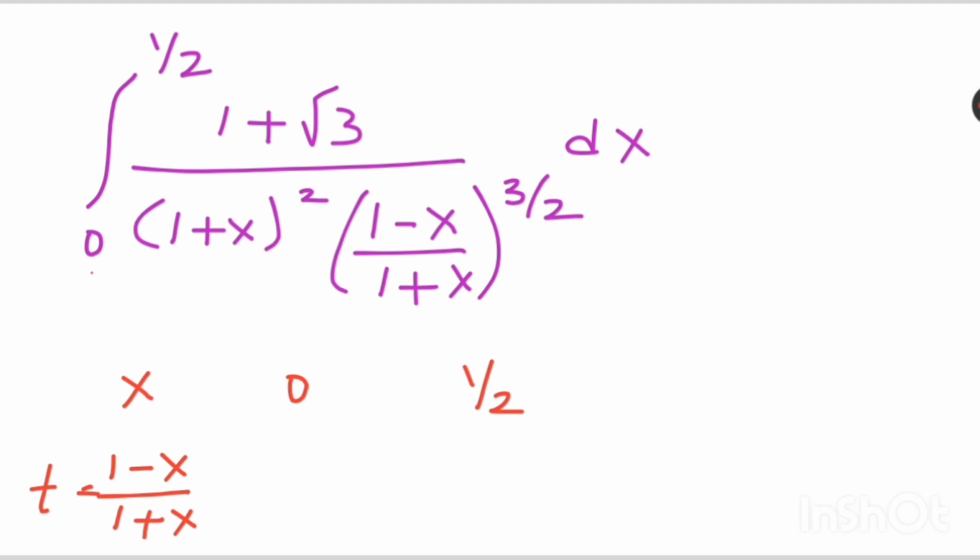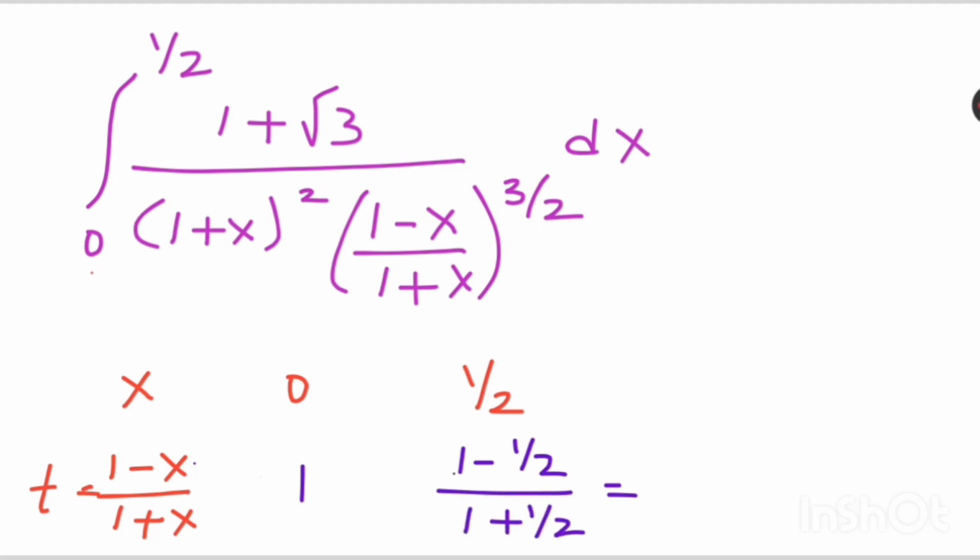If you substitute 0 in your t value, that is 1 minus 0 over 1 plus 0, which gives only 1. So the lower limit turns into only 1. Then you have to apply the upper limit in your x, that is 1 minus 1 over 2, over 1 plus 1 over 2.